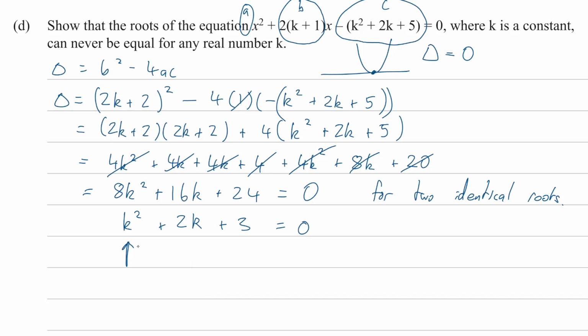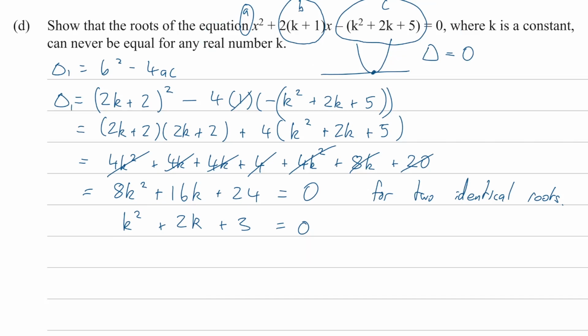So what we need to do here, it's quite trippy, we take the discriminant of the discriminant. And why we're doing that is we want to show that there are no values of k for this to be true. Using the discriminant, we can hopefully show that it is a negative number, which means there are no solutions for this quadratic, which means this quadratic cannot have identical roots.